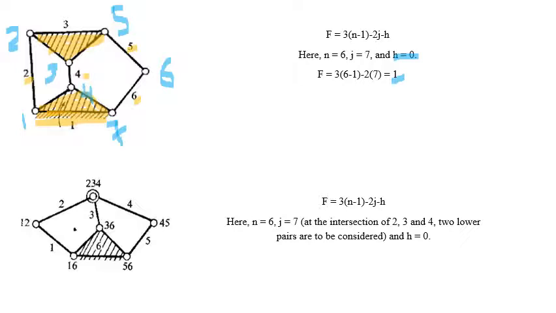So here be careful. Let us count the number of lower pairs. Since link number 6 and 1 are connected through the pin joint, this is joint number 1.